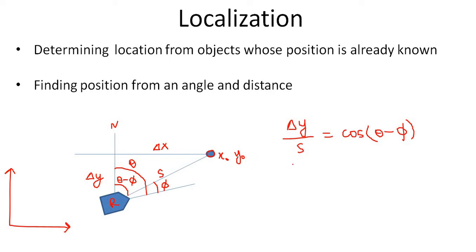And from here we can calculate delta y, because s is known, we also know theta, and we also know the phi angle. So from here we can calculate delta y, and in a similar fashion we can calculate delta x also.